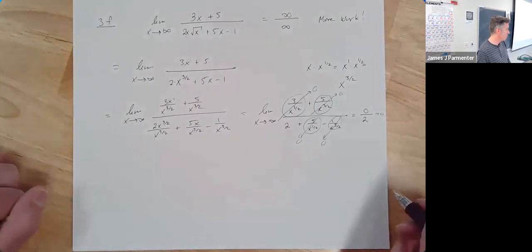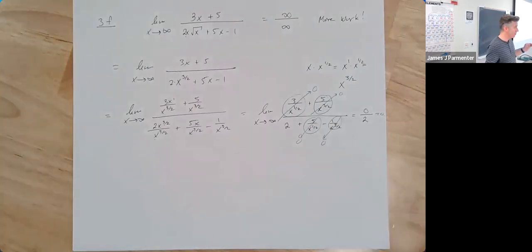This limit is 0. More generally, though, if you have a limit to infinity, and the denominator has a higher power of x than the numerator, we know the answer is going to be 0.